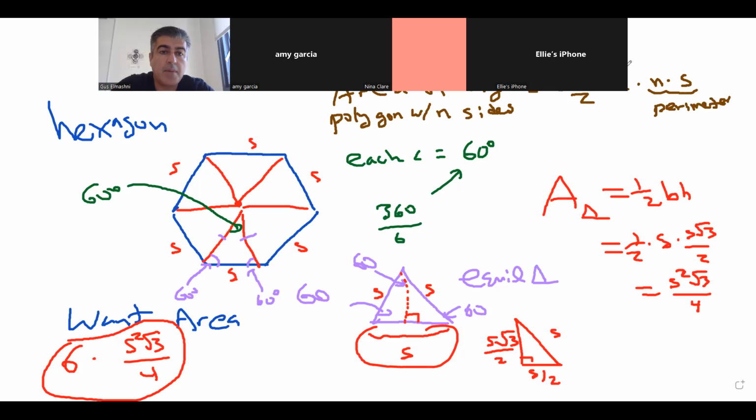It will be 1/2 times A times N times S. A is going to be, it's kind of a weird thing. Let me erase some of the stuff here because it's getting a little busy.